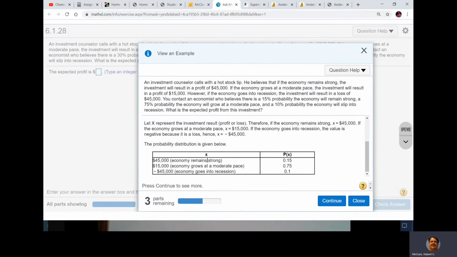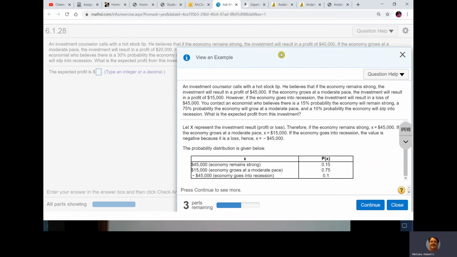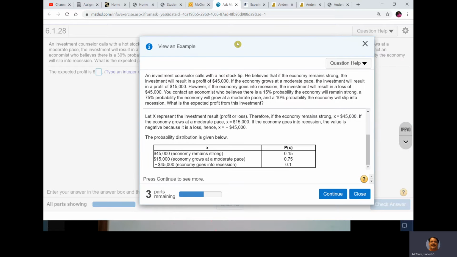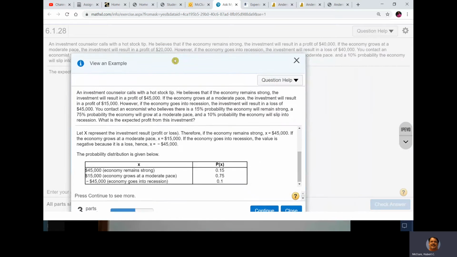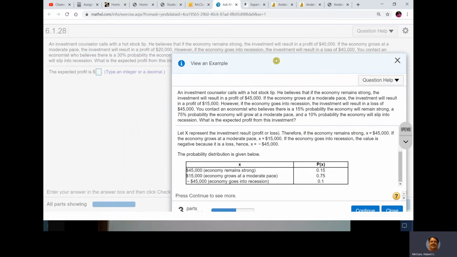Okay, now in our event, 40,000 if it's strong, so that'd be 40,000 here with this probability. And then another, let's see, I got that one wrong. Moderate, 20,000. And we stand to lose if it goes into recession at 40,000.